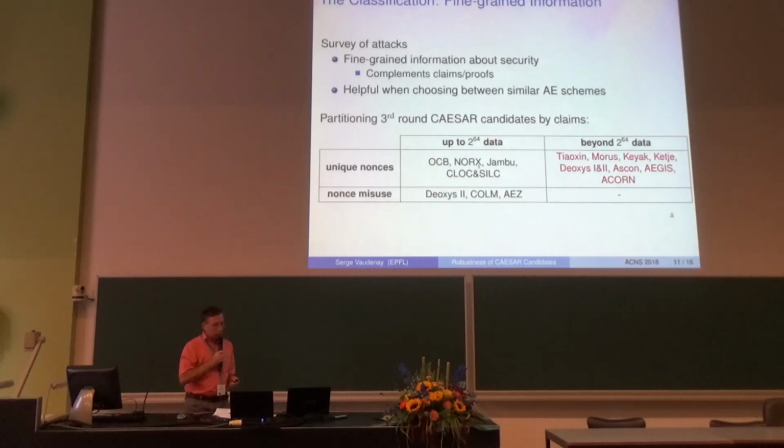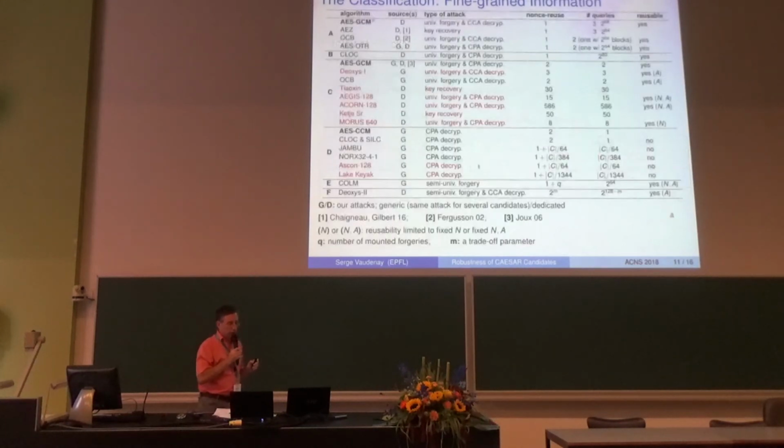So you can wonder, where are those algorithms? This is only the information that we can have if we read the specification by the submitters. And if we look at where they are in the table, you can see that they are very spread in the table. They appear at very different places.